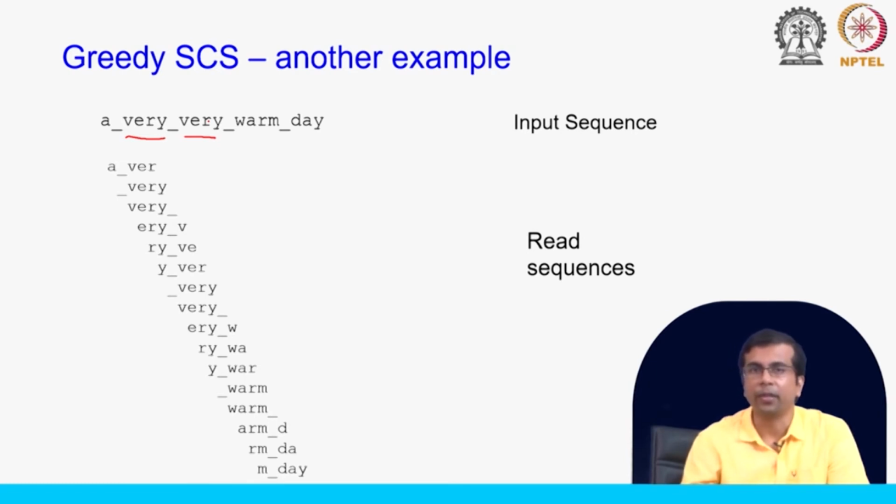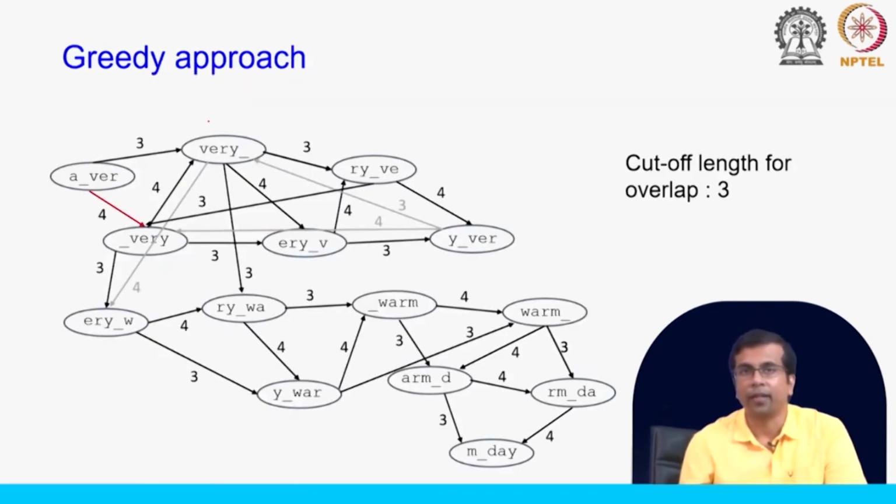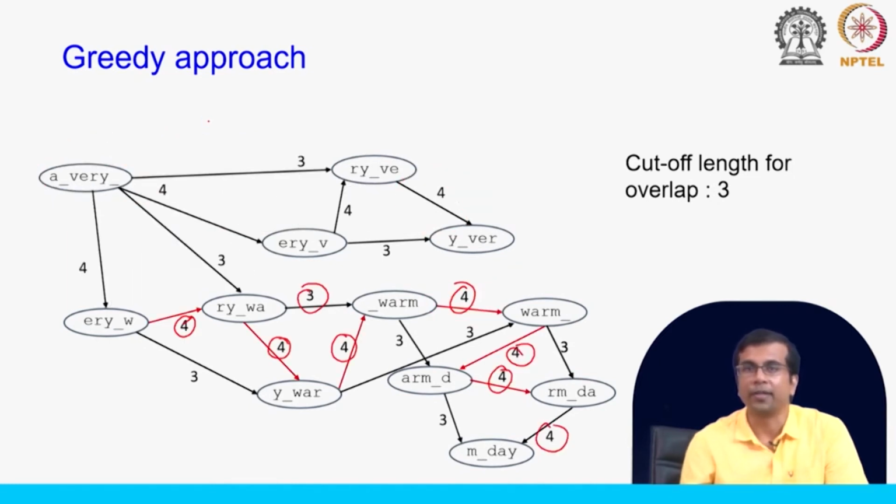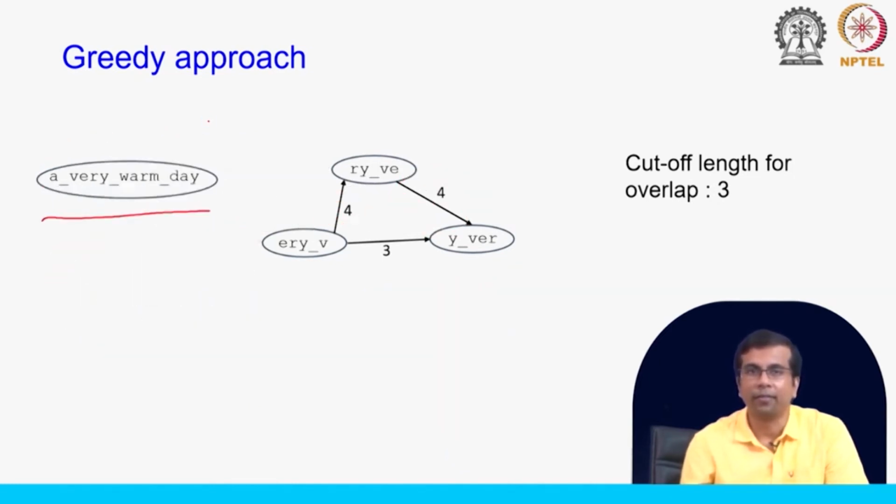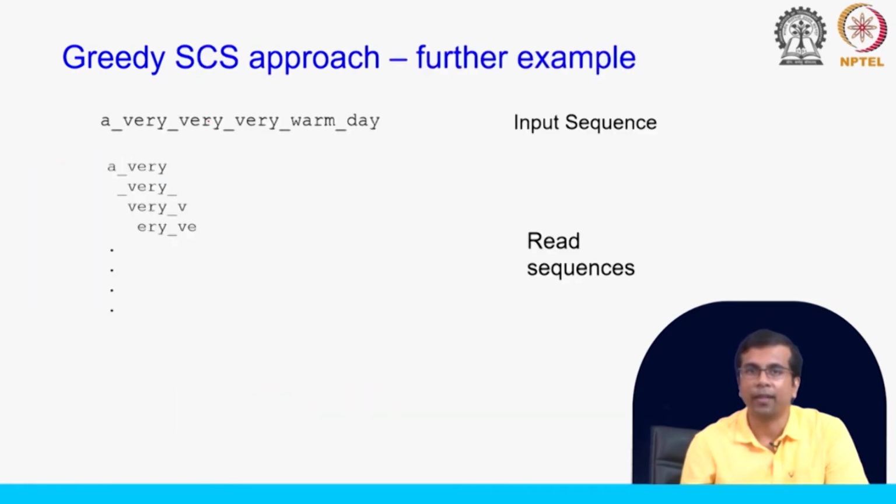You have these repeats, and this might lead to this kind of non-optimal assembly, or we get only part of the assembly. We will illustrate that with one more example that will contain more repeats, and you will now understand the process and why that happens.